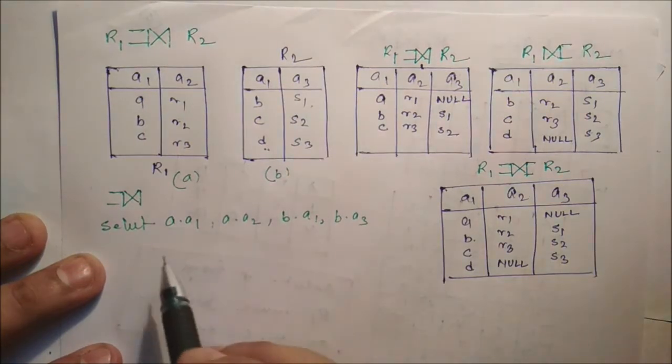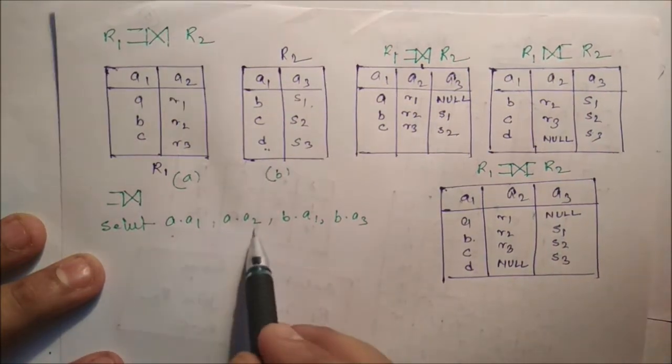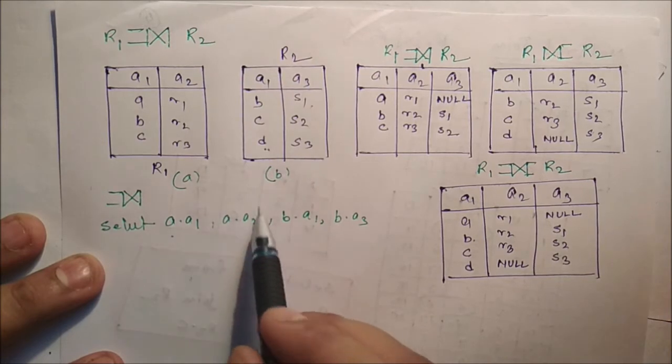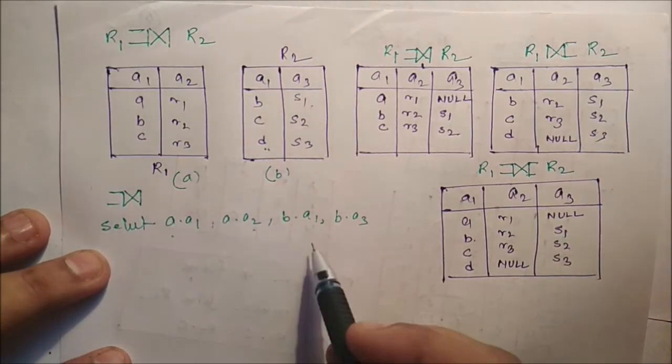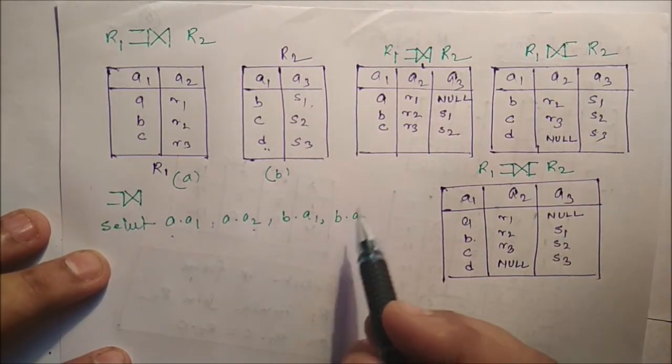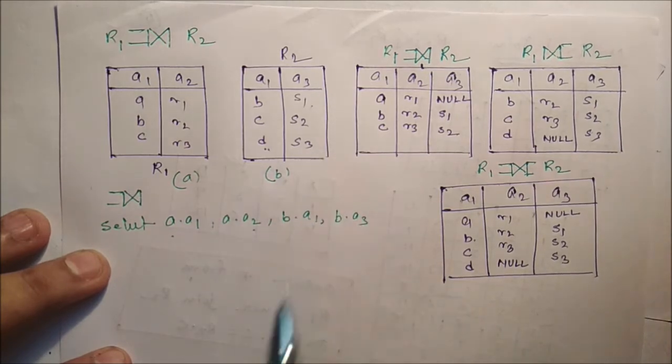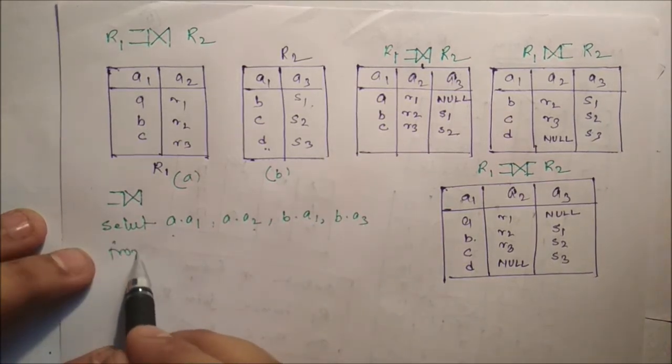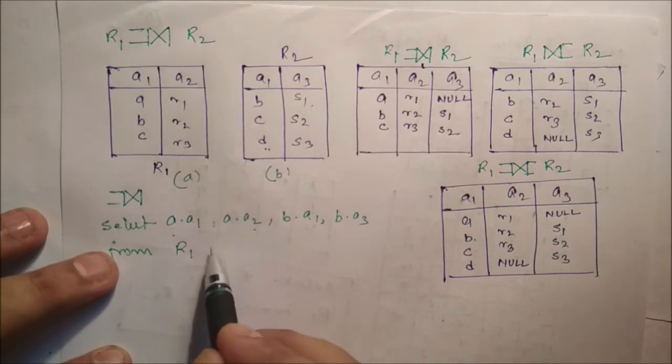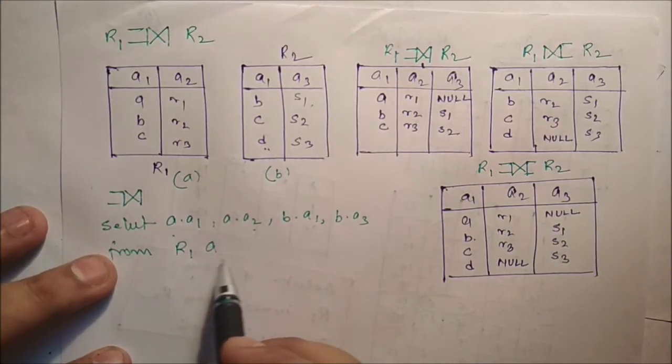Okay, so we need to display A1, A2 from the table R1 and A1, A3 from the table R2, from R1 A. That is renaming the table.